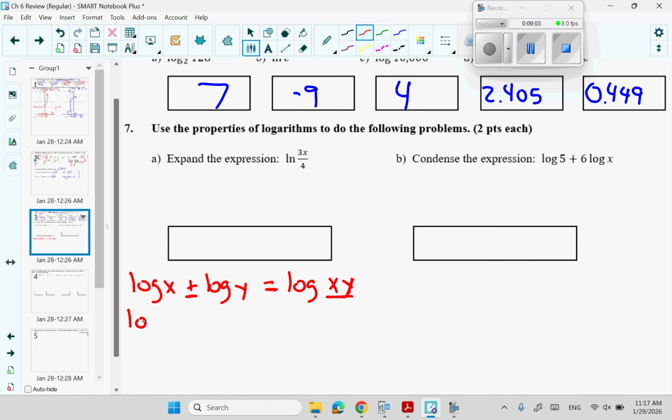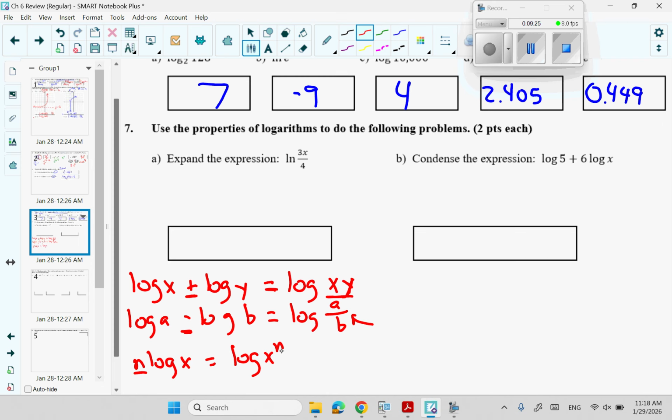Or if I have something like log of a, I'm sorry, minus log of b, I am subtracting on the outside. So I am actually dividing inside the logarithm. And lastly, if I have a number out front, that can also be an exponent for whatever is inside my logarithm.